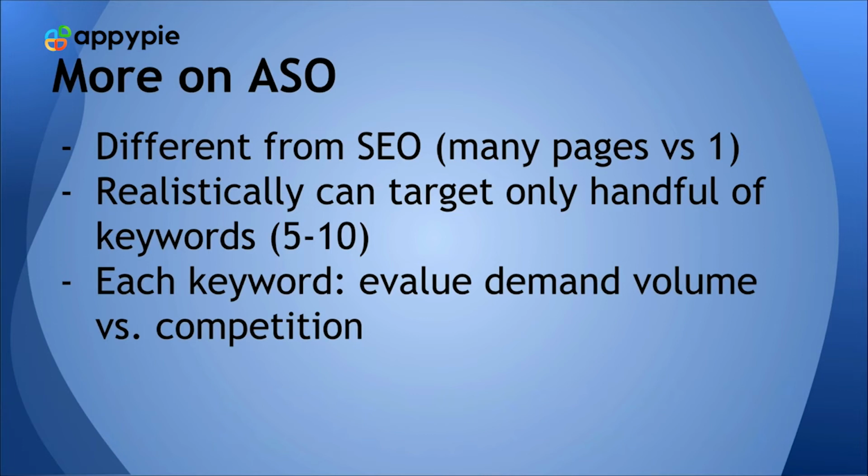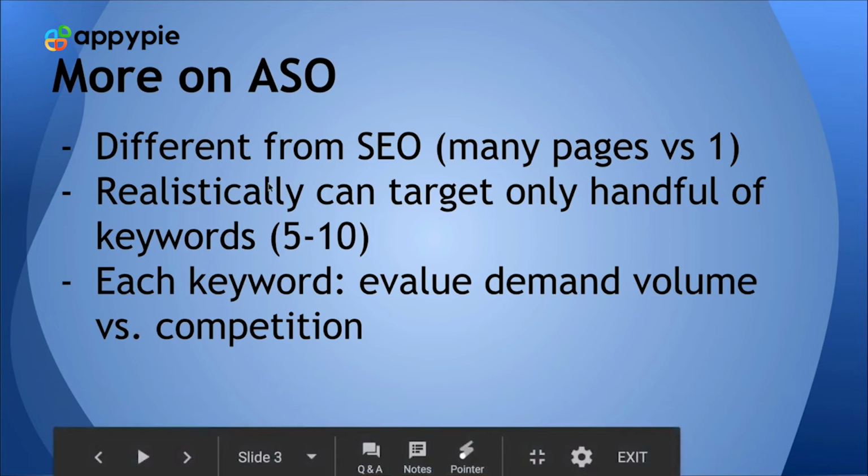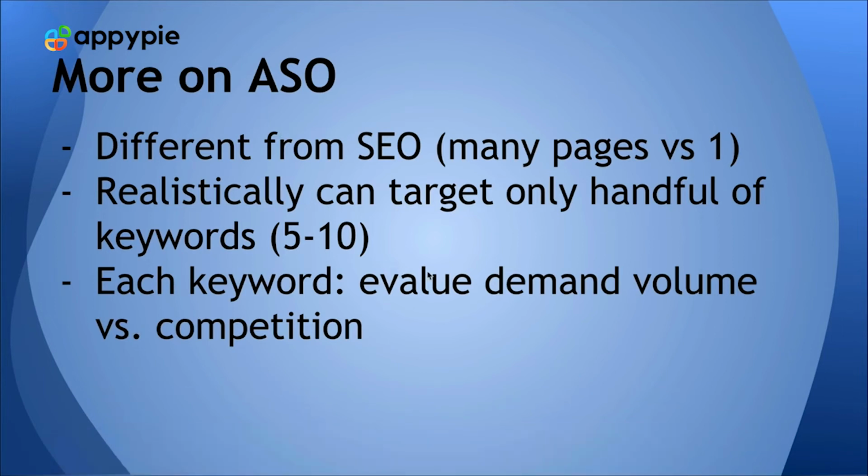On the website, you can rank for 1 million different keywords. You can make 1 million different pages. Each one can try to rank for a new keyword. On the app stores, you only get a handful. That's the main challenge. Only a handful of keywords. We'll be going through that stuff, don't worry. And for each keyword that you choose, you'll evaluate demand versus volume and versus how competitive those keywords are and how realistic it is to rank.